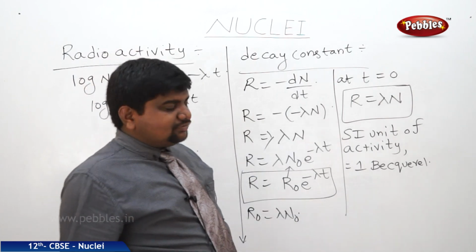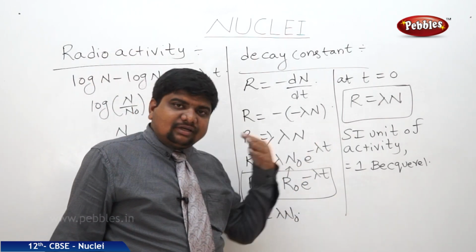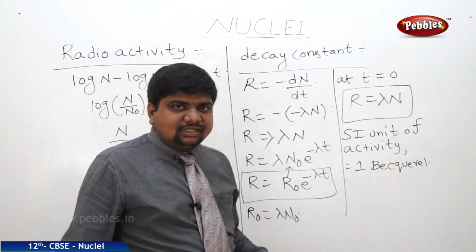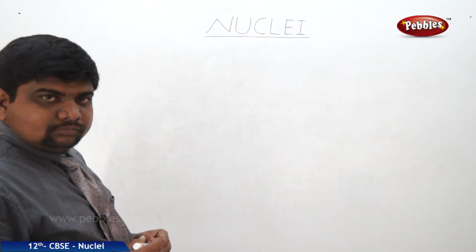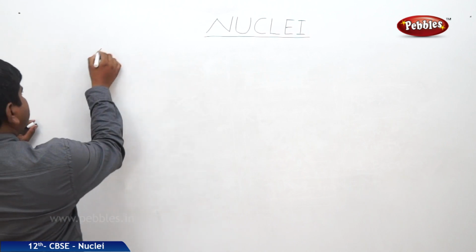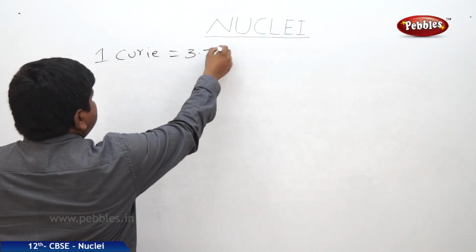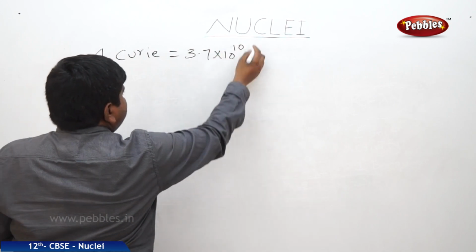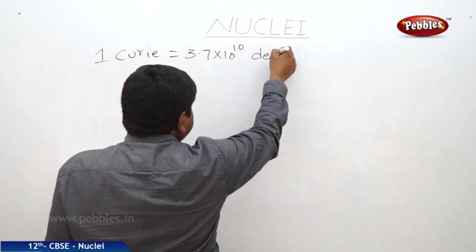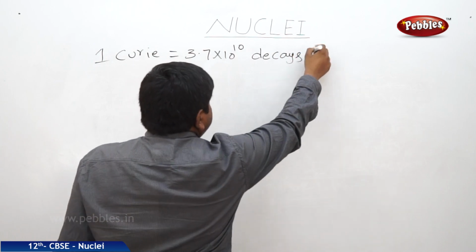And there is an expression for the Curie to becquerel transformation also. It will be like this: 1 Curie is equal to 3.7 into 10 to the power of 10 decays per second.